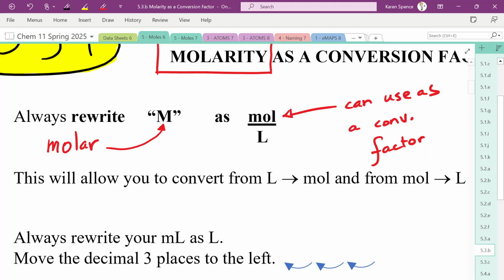And because we are working in liters, if I give you milliliters, you're going to need to convert that into liters. How do we do that? You can do it using unit conversions. Let's say I gave you 250 milliliters.